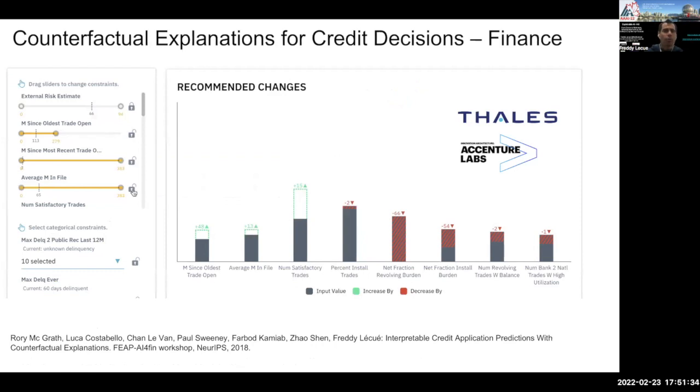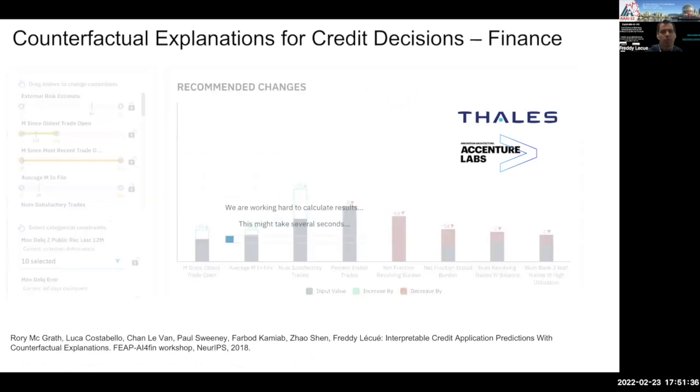Then there is other work on counterfactual explanation. That's some work that we presented during the challenge for NeurIPS in 2018, where we try to do counterfactual explanation.